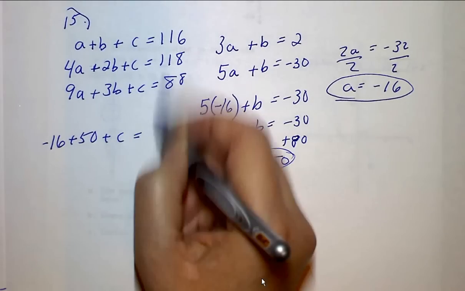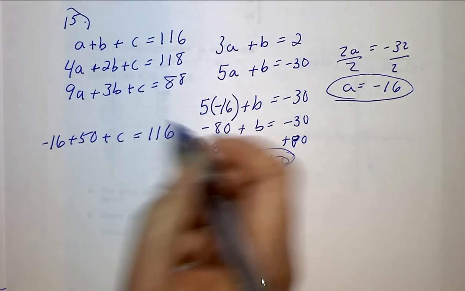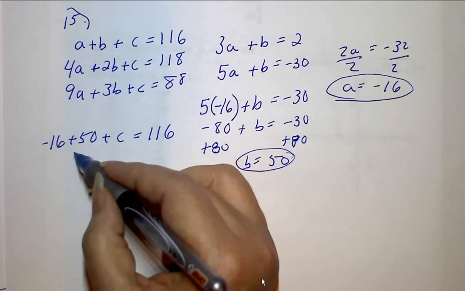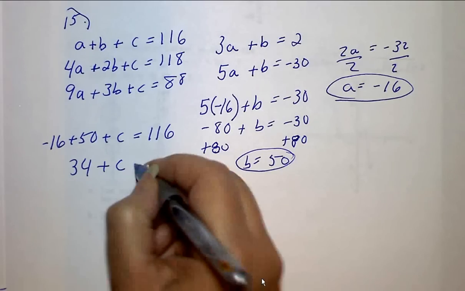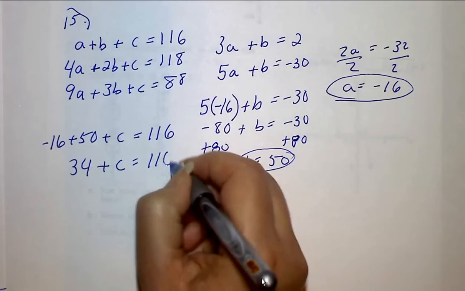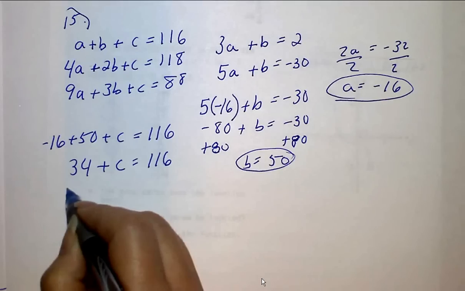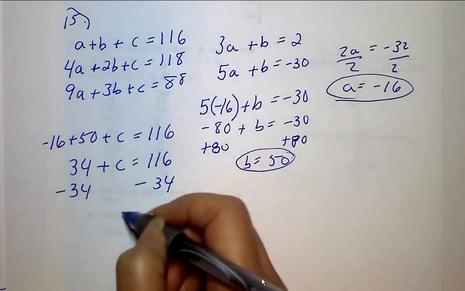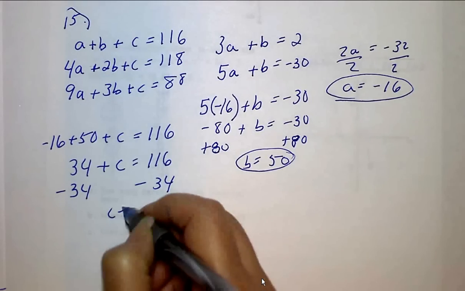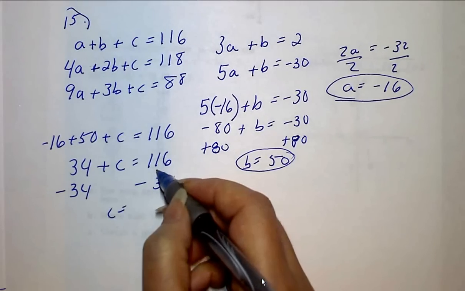So I have negative 16 plus 50 gives me 34, plus c is equal to 116. I'm going to subtract my 34. So we have c is 116 minus 34, which is 82.